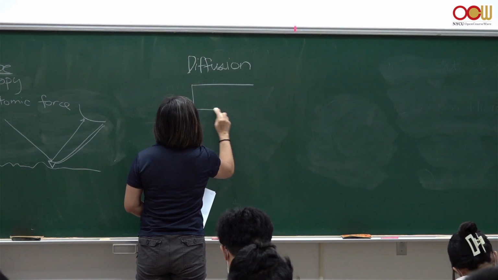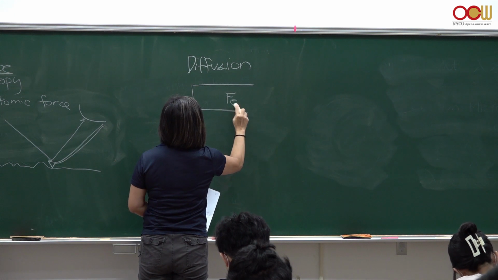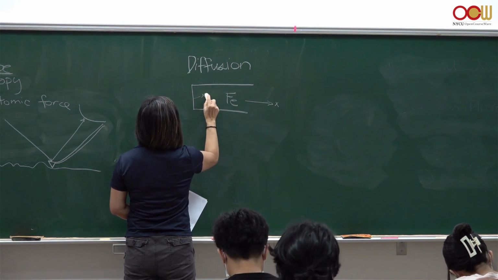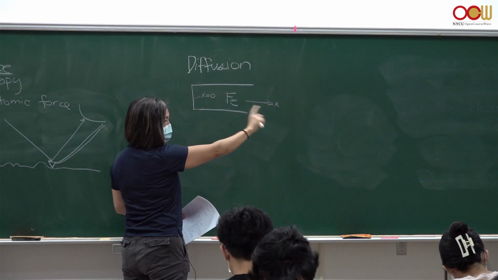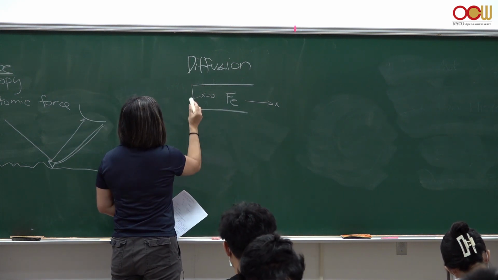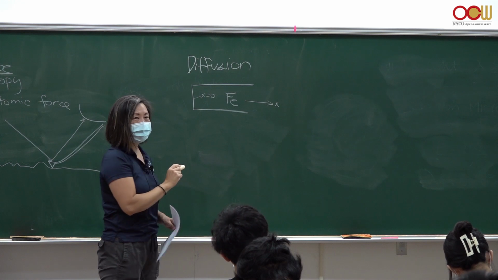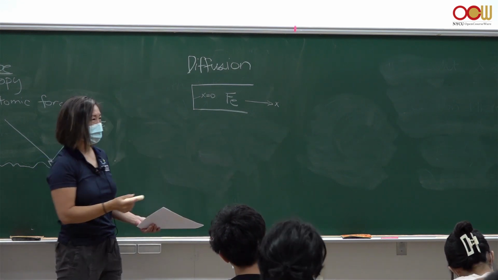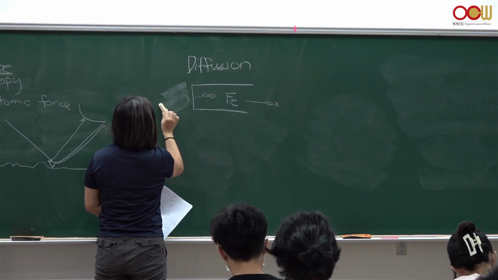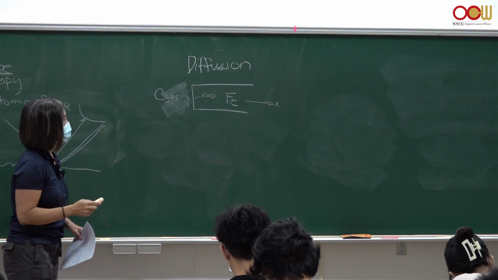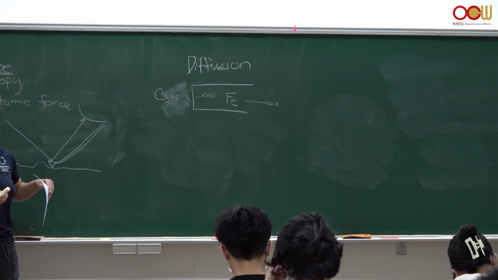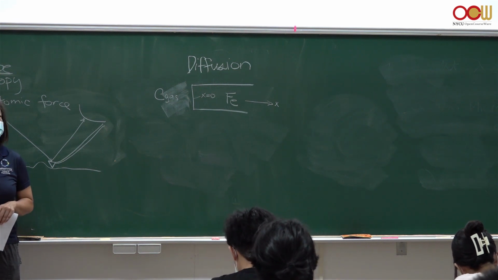So let's say you have a piece of iron. So here is x equals 0. So this is the surface of your iron bar, indefinite in length. And you want to add carbon into iron because you want to make steel. Okay. So you have a carbon gas in the front, on the surface, to try to get the carbon to go into the iron.